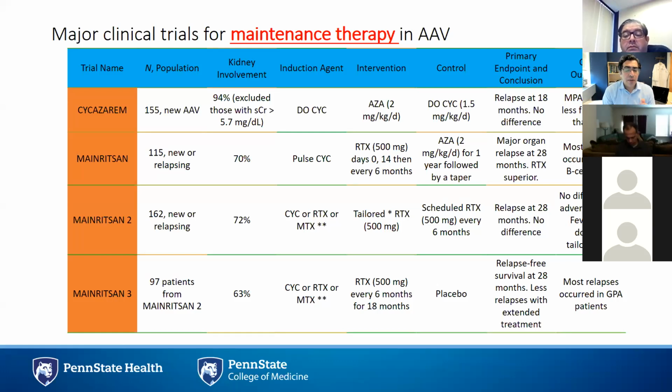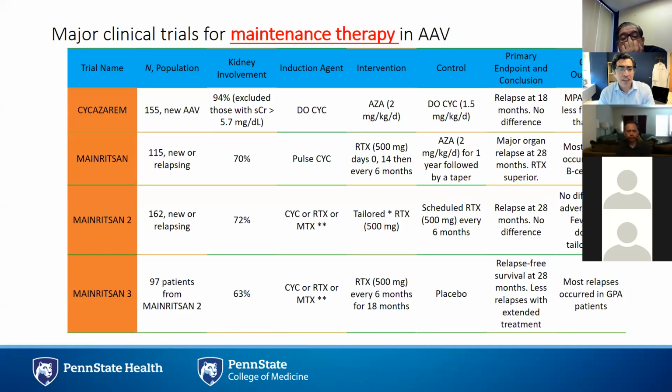So then there are some other trials, but I think the series of MAINRITSAN, which involves rituximab as the maintenance therapy. So we have the option to use either azathioprine, and as Dr. Agha mentioned, if this is extremely mild disease, then methotrexate. And I think there was a trial as well, which is not included, at least in this slide.